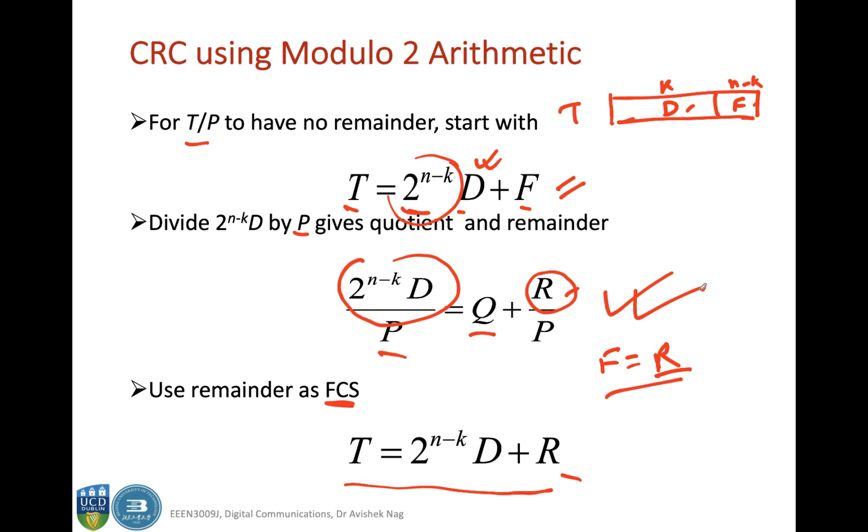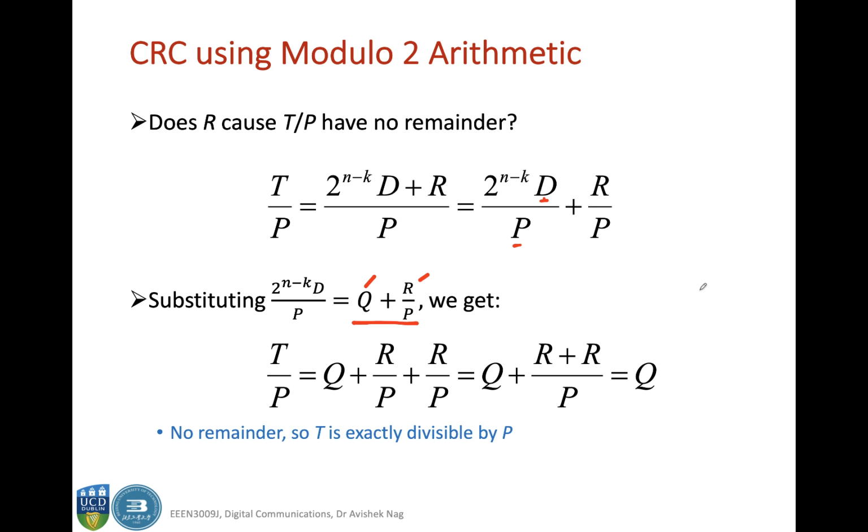So if you substitute, you will have T over P equal to Q plus R over P plus R over P.